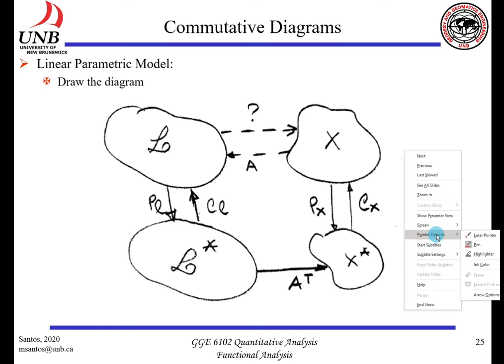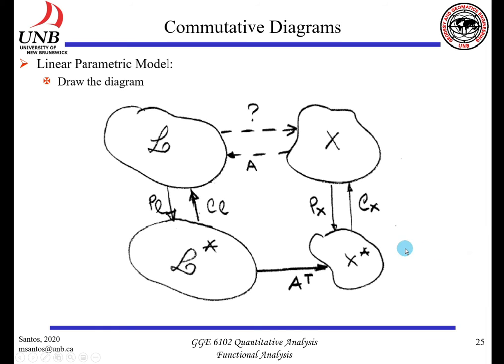Let's work on an example of the linear parametric model. Here we have the prime spaces and here we have the dual spaces. We have the observation space and the parameter space.